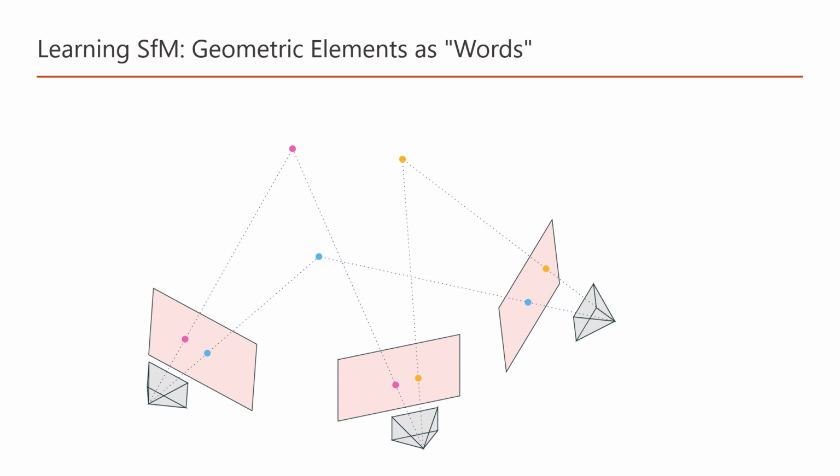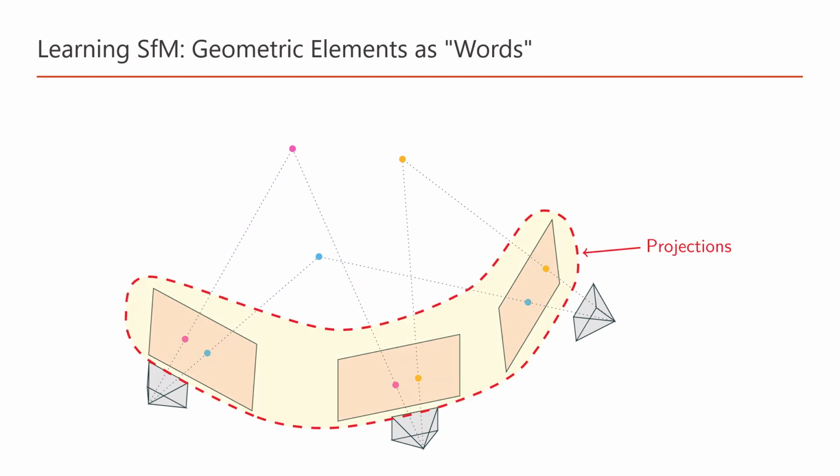Coming back to our famous little picture, what if we take these geometric elements that we see in the picture and we regard them as our words or tokens that these transformer models should operate on? So instead of a sequence or collection of words, we actually have a collection of these geometrical things that we see in the image. And these are the things we want to process and predict.